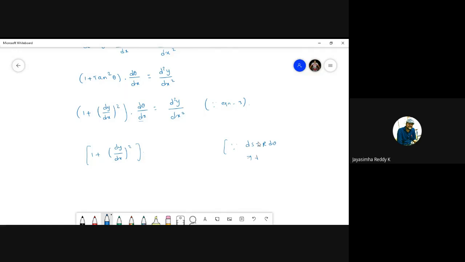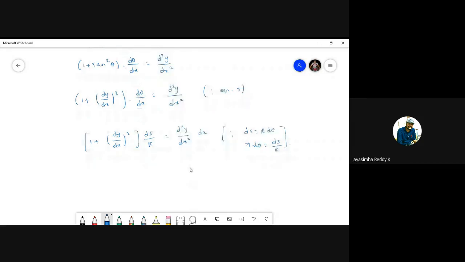This implies d theta is equals to ds by r. We can write it like this, right? So here in place of d theta, I'll write ds by r. ds by r is equals to this dx, I'll take it to the right side, d square y by dx square into dx. Is it okay? So I have just written like this.